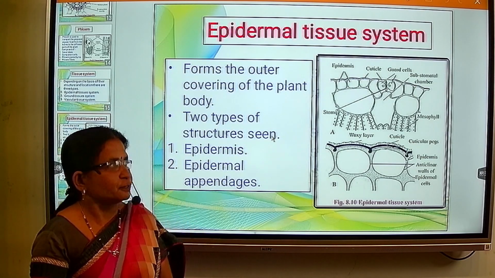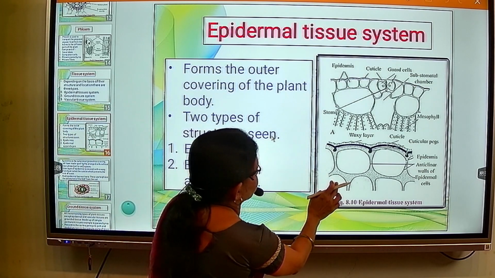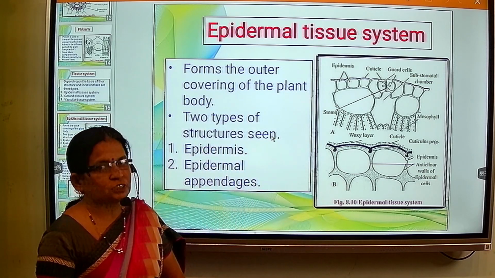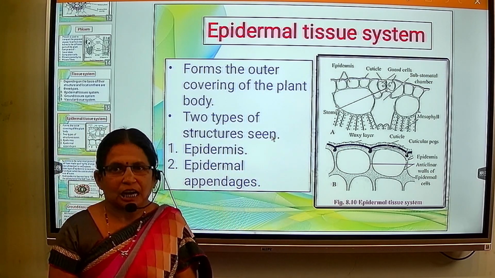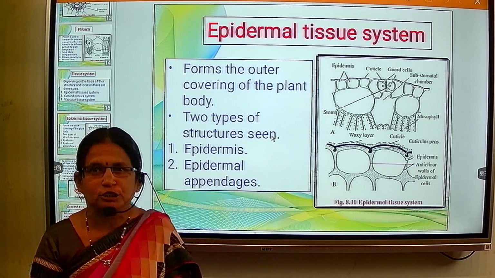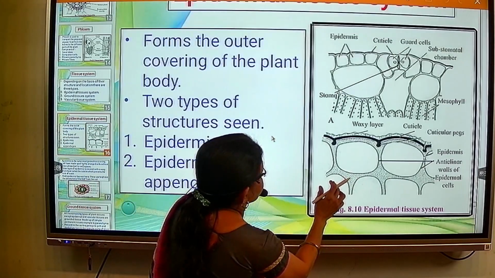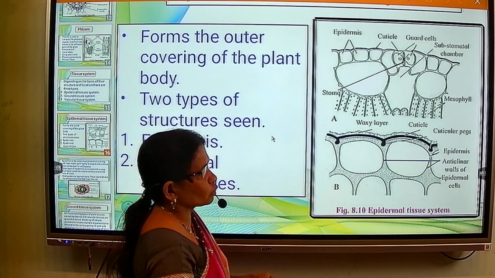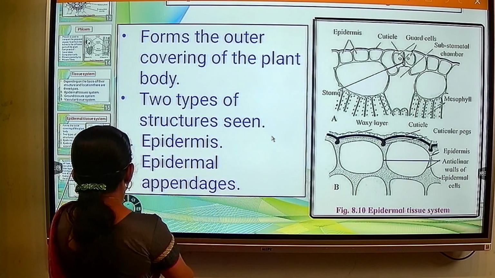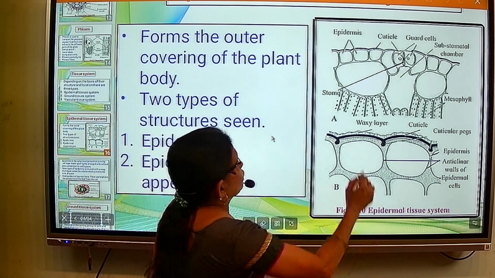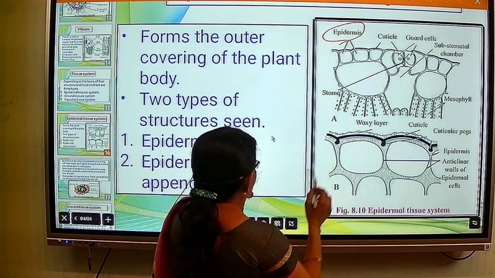Now look at the figure. This one is the epidermal system. It shows the layers which are present in the epidermal tissue system. This one is the outermost layer, called the epidermis.